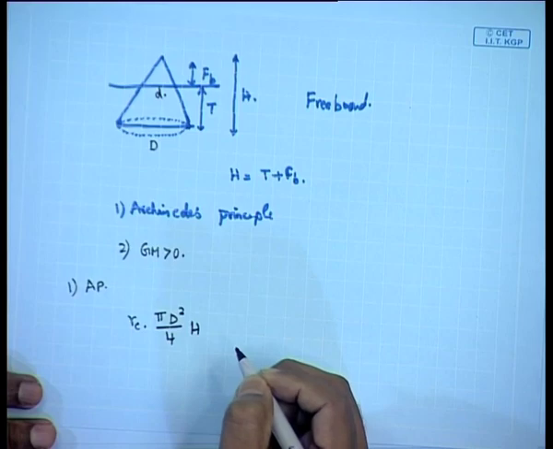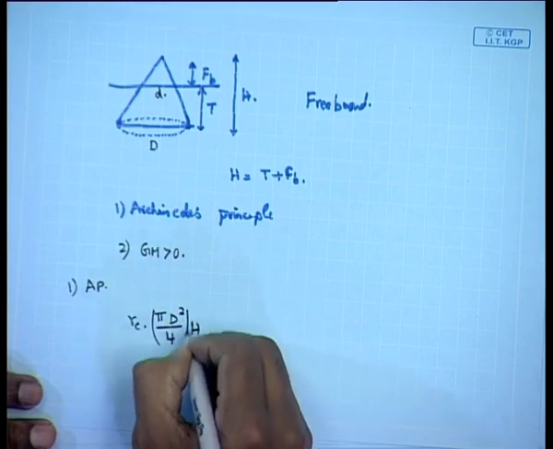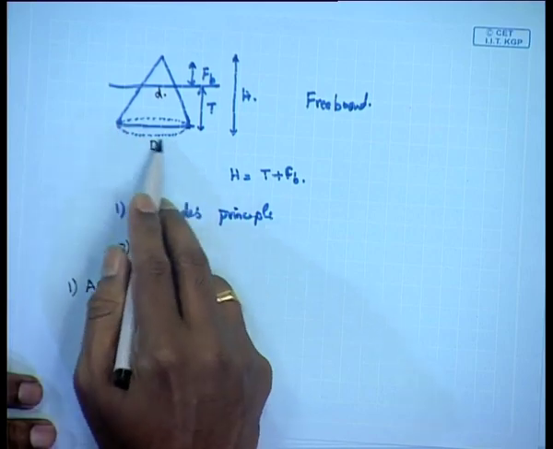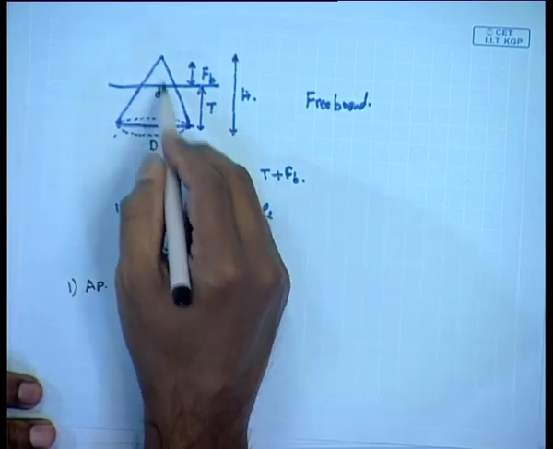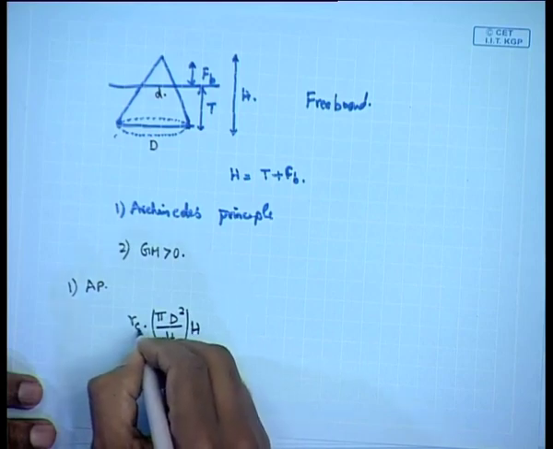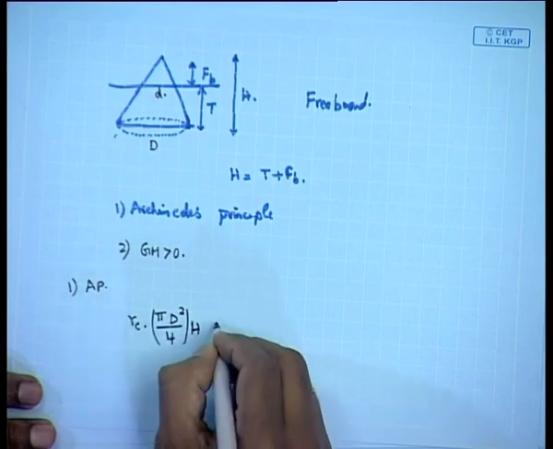This will give you the total mass of the cone. This is the volume of the cone. Pi d square by 4 is the area here, and multiplied by h gives you the volume of the cone, into gamma c, that is the density of the cone material.